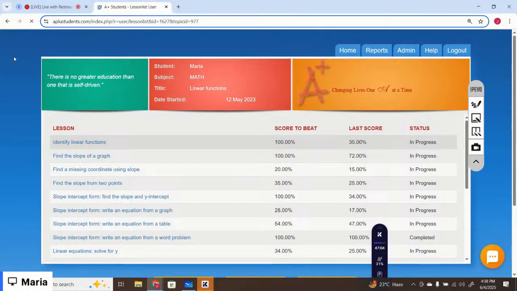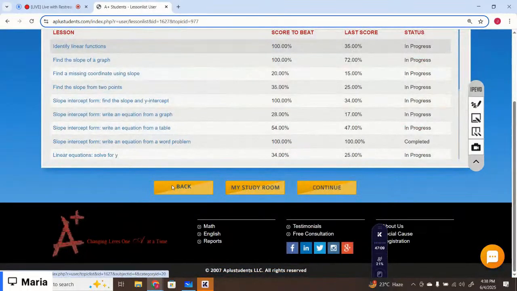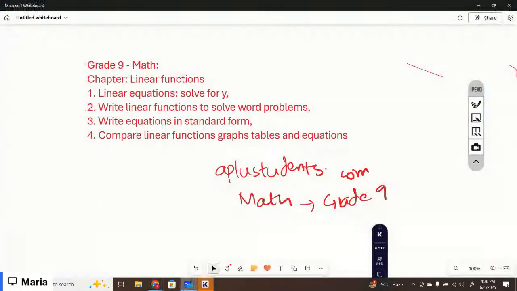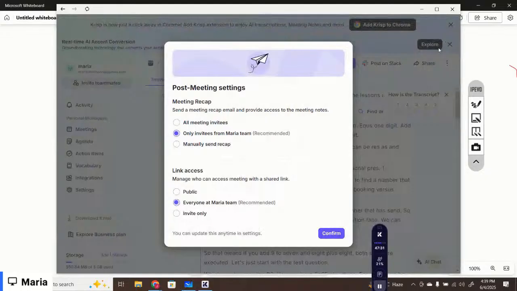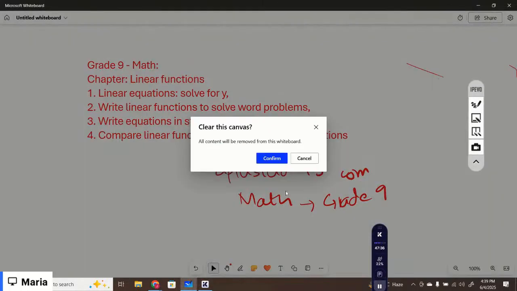The lessons we have covered today are linear equations solved for y, write linear function to solve word problems, write linear equation in standard form, and compare linear functions, tables, and equations. Please make sure before the next session you complete all the practice questions for the lessons we just did. That is your homework until the next session.